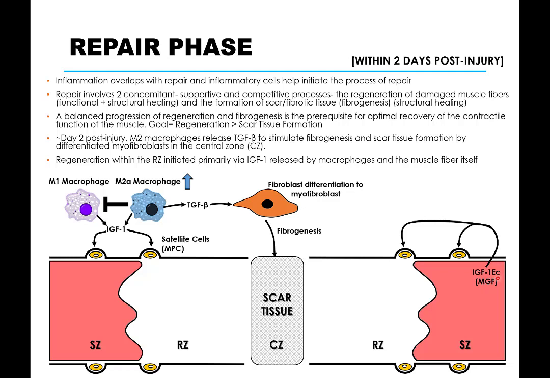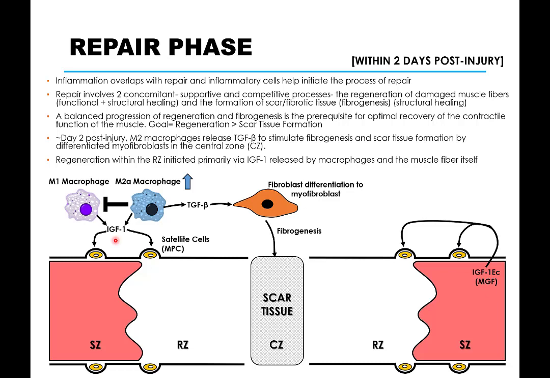The IGF-1 released from macrophages works in a paracrine fashion, which means IGF-1 is released and interacts with other cells in close vicinity, so it doesn't go into blood circulation and travel far distances. It travels only a very short distance. MGF, on the other hand, works in an autocrine fashion, which simply means that it interacts with the very same cell that it is released from.